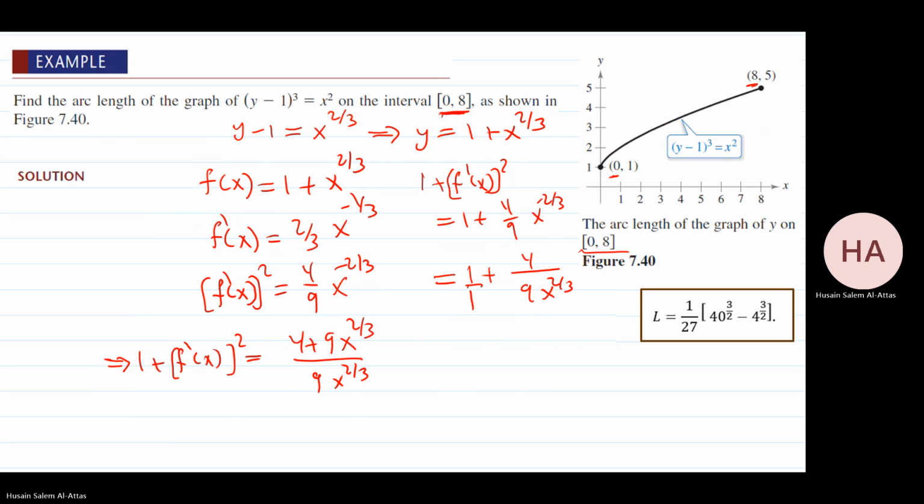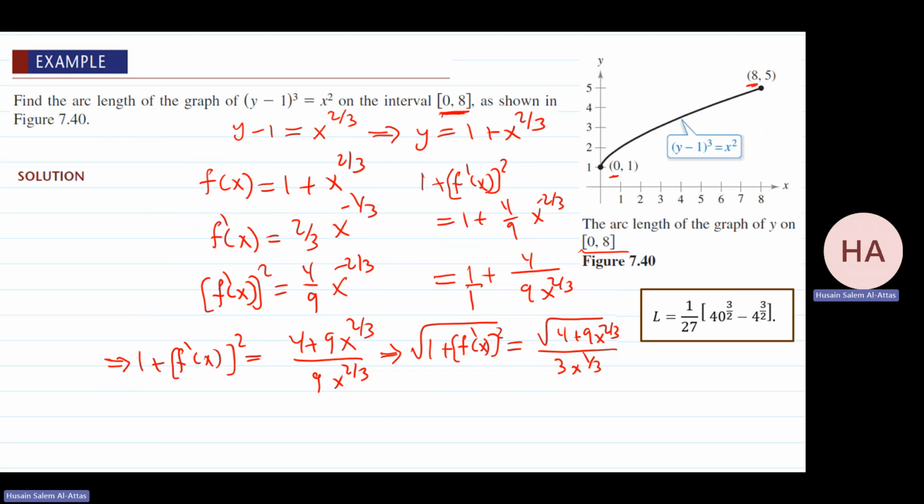Will that help? We'll see. Now, what will be the square root? I need to take the integral after that. The square root of this will be the square root of 4 plus 9x to the power 2 over 3, over 3x to the power 1 over 3.